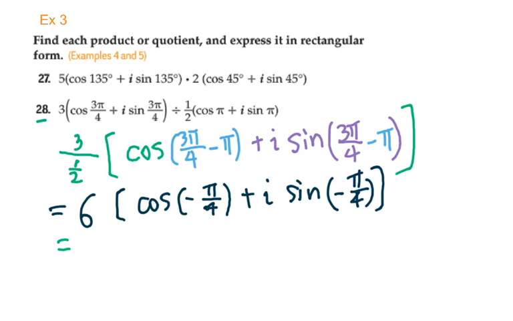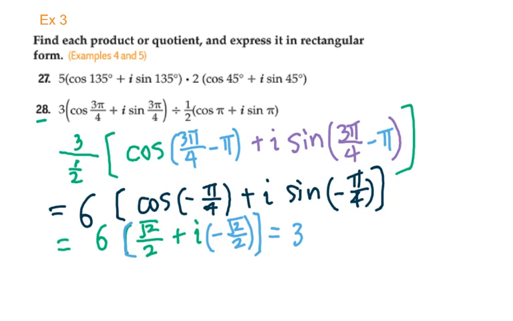Now we use the rectangular form, which will be 6 times cosine negative pi over 4, which is square root of 2 over 2, plus i times negative square root of 2 over 2. So we got 3 square root of 2 minus 3 square root of 2 i.